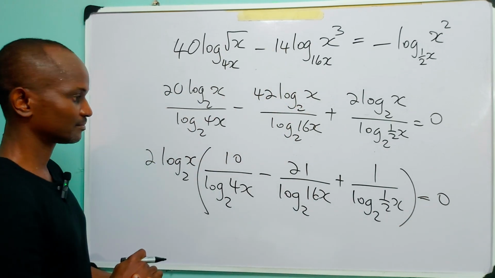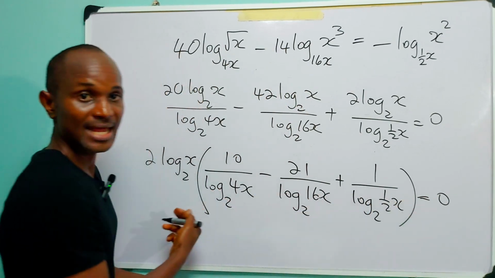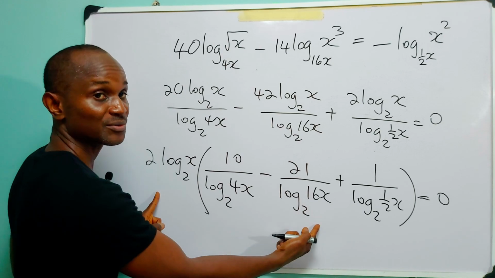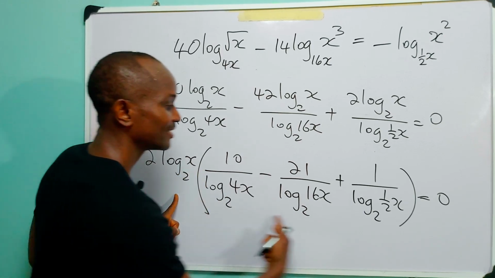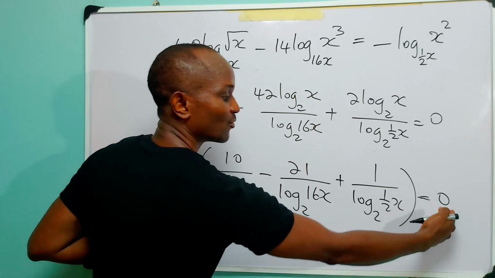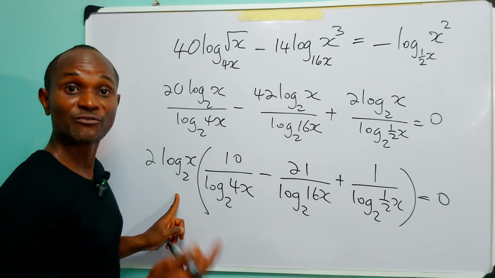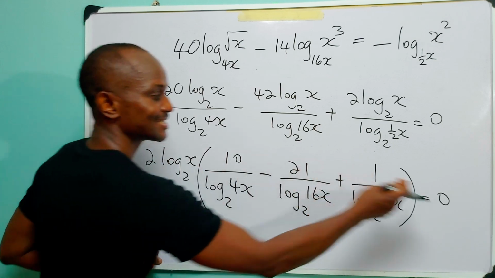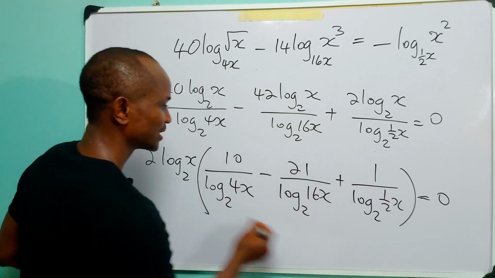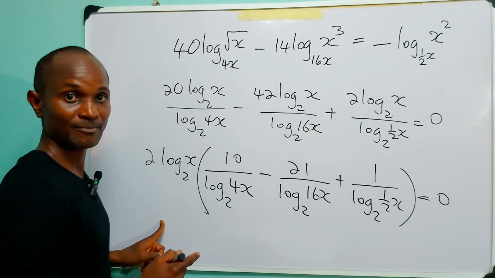to 0. Now when you look at this line, you will see that we are multiplying two things. We are multiplying 2 times log to base 2 of x into this term, and we are getting a product of 0. So that simply means that either this is equal to 0 or this is equal to 0.